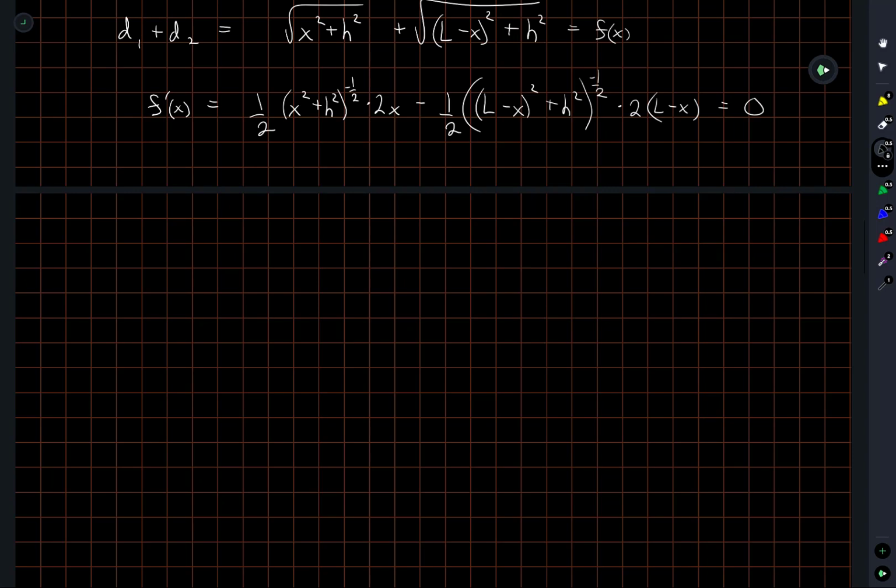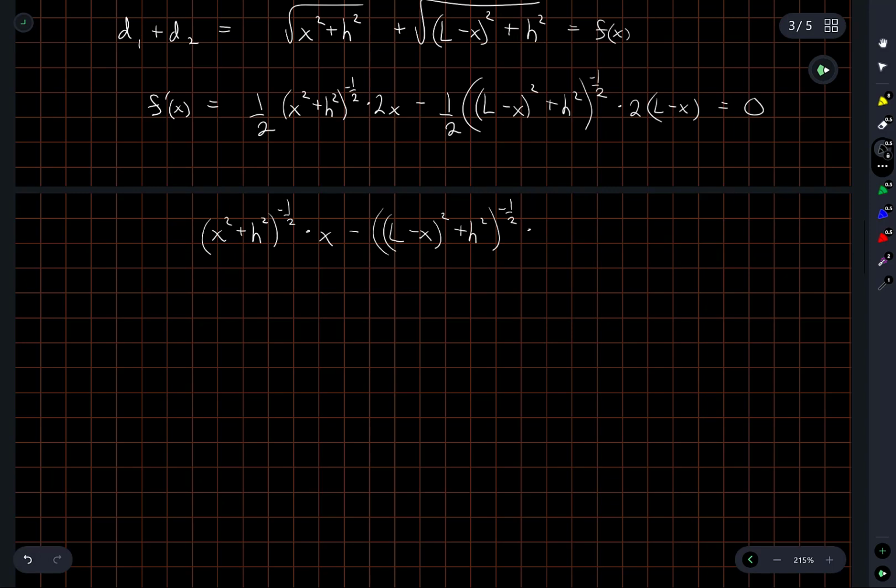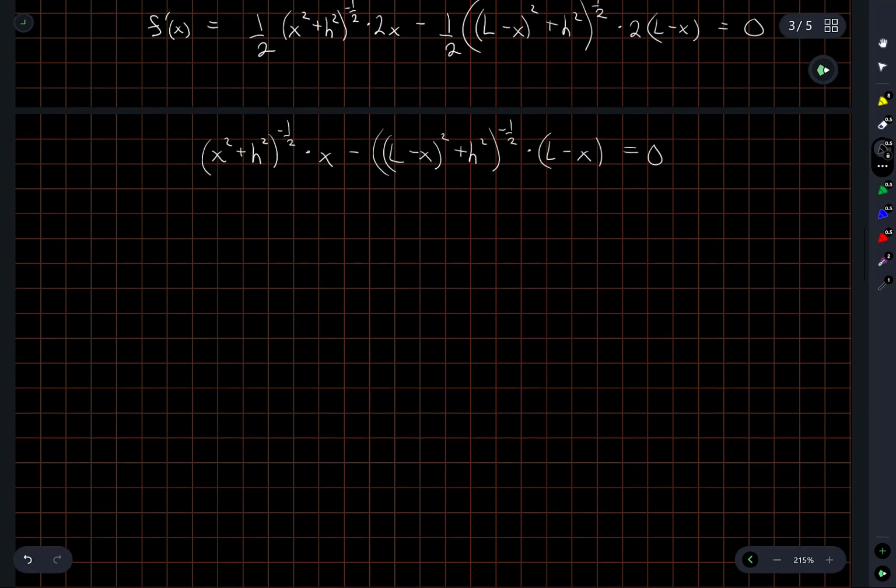Okay, so what do I have here? (x squared plus h squared) to the negative 1/2 times x, minus (L minus x) squared plus h squared to the negative 1/2 times (L minus x), is equal to 0.